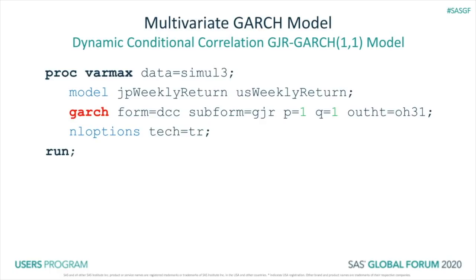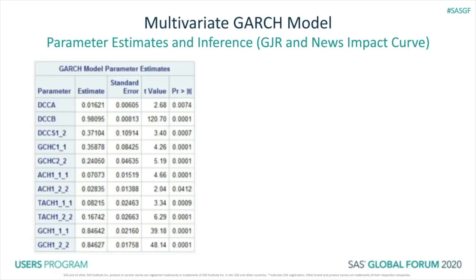You define DCC in the form, and GJR in the start form, with P equals 1, Q equals 1 for the GARCH(1,1), and you can even output all these conditional volatilities with the HT option after.